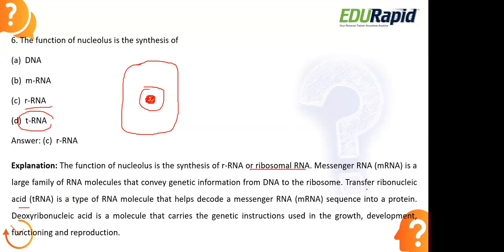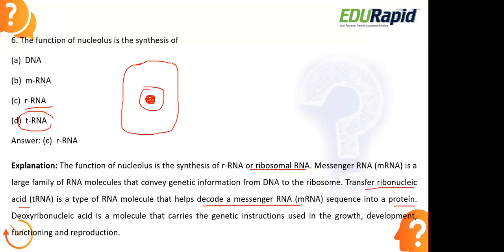So here we have the full form, right? It is one type of RNA molecule. It is required to decode the messenger RNA, that is mRNA. Whatever sequence it is carrying, the genetic information, to decode this information we require tRNA. It will decode and then convert it into protein.